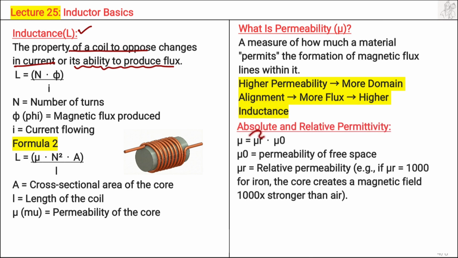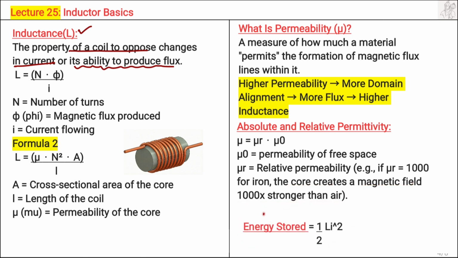This permeability is always expressed in relative terms. That means that this μ is simply μr times μ0, where μ0 is the permeability of free space. For example, μr of iron is 1000. So this means that an iron core creates a magnetic field which is 1000 times stronger than that created in air.